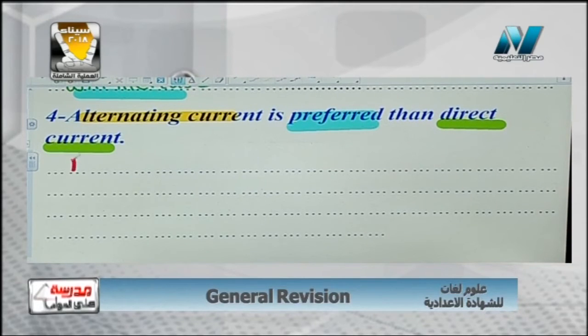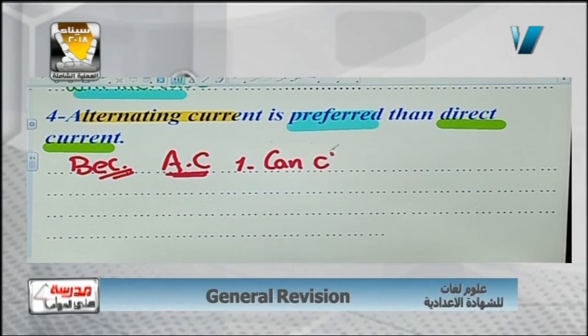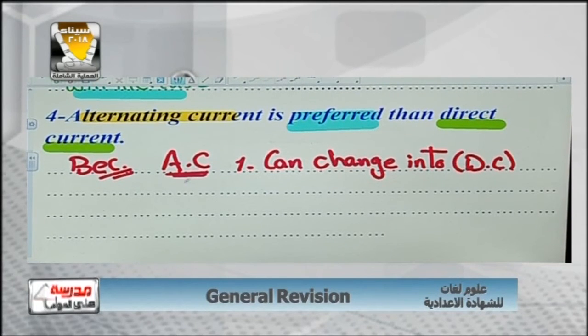I will tell him because alternating current or AC, number 1, can change into direct current. ممكن احول الالترنيتنج لدايركت. The first option.